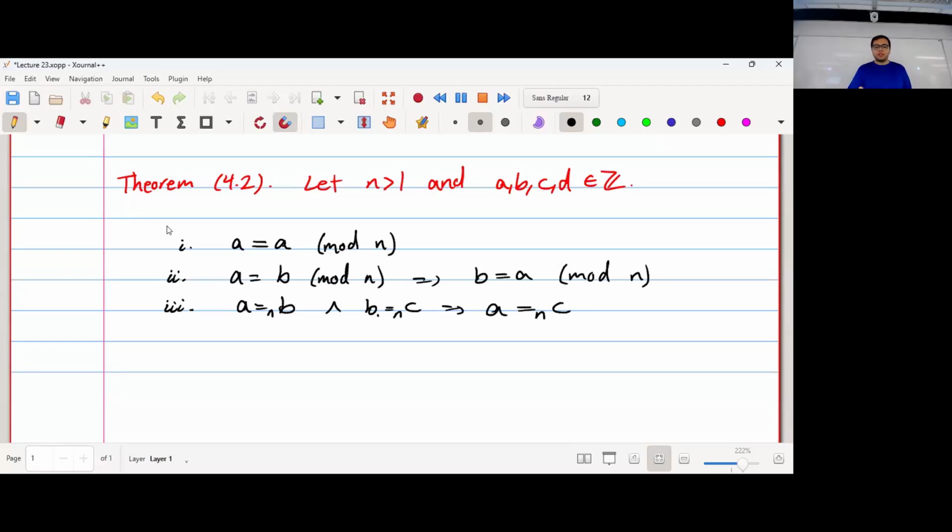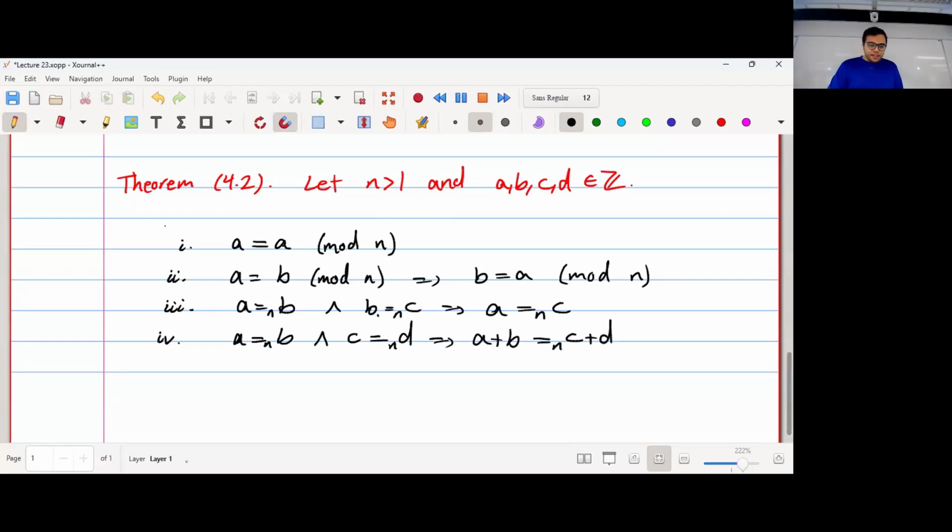What is the remainder of this number when divided by n? Slightly more interesting is this. If a is equal to b modulo n and c is equal to d modulo n, then a plus b is equal to c plus d.